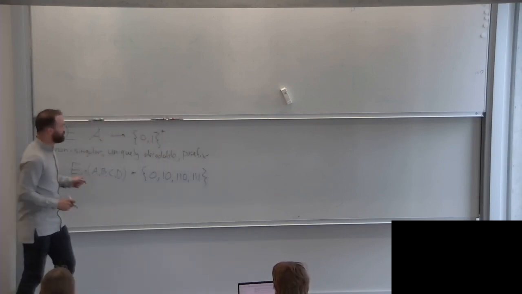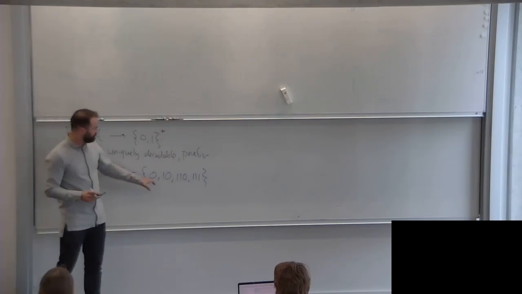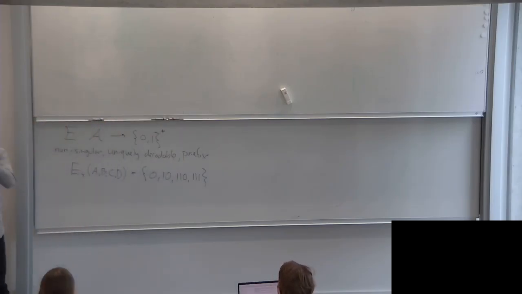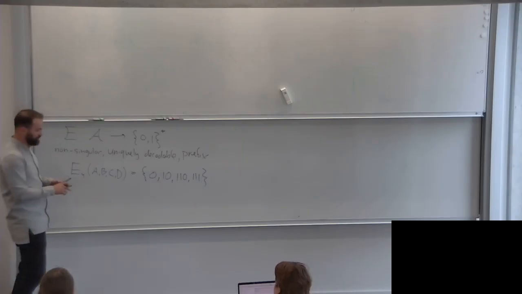So that was an example of a prefix code. No member here is a prefix of another member. Great. I will get back to E4 for pedagogical purposes.